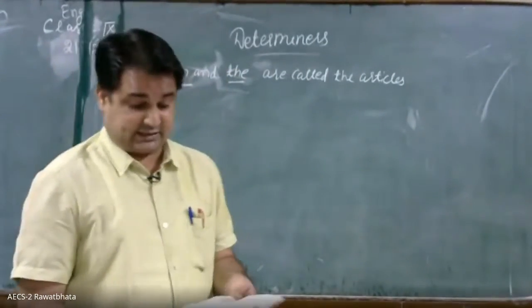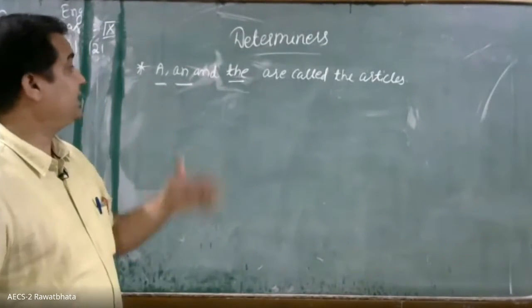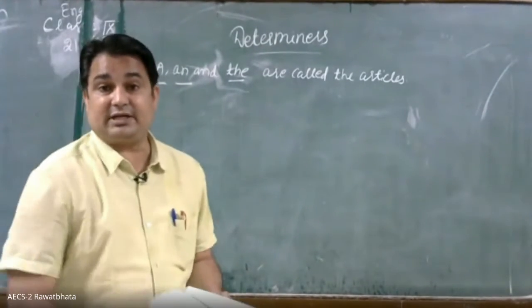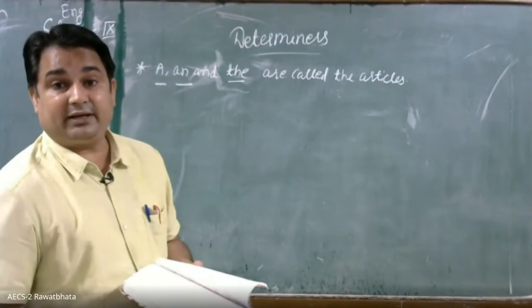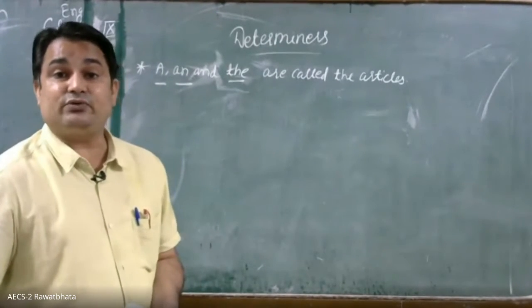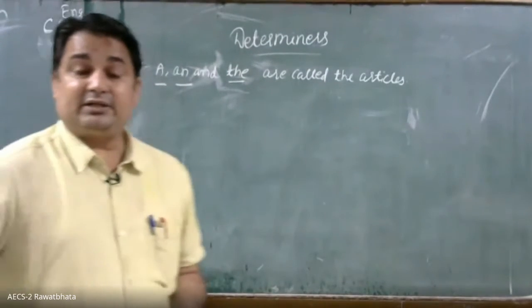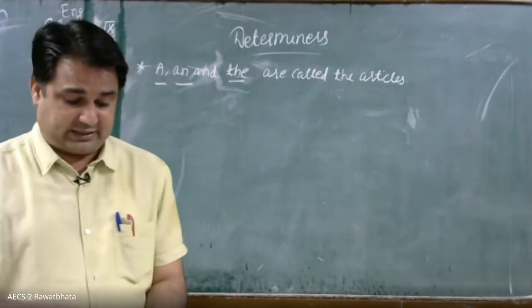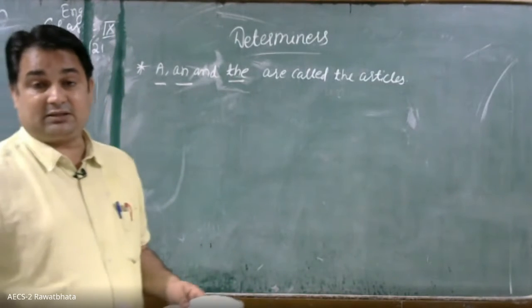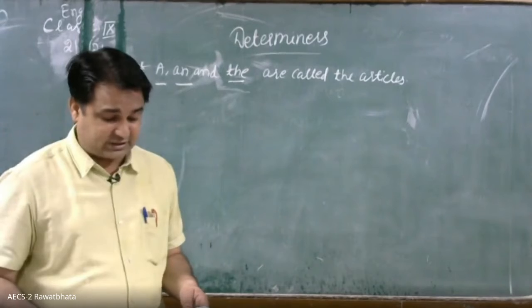So students, we are discussing this, a, an and the are called the articles. Now, where a is used, where an is used, where the is used, that we have already discussed a number of times, and you are already familiar, in the earlier classes also it has been discussed.